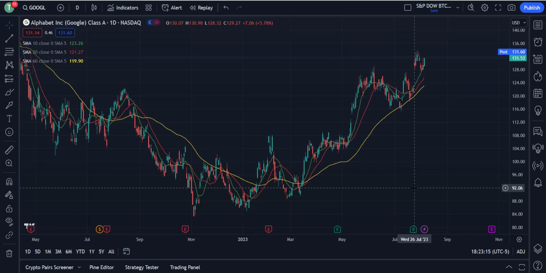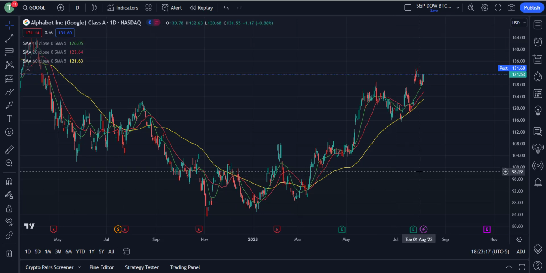That is the definition of a bullish market, higher highs and higher lows. So that's a good thing if you're long the stock. You can see back here it had a period of consolidation because the 20-day went above the 10. And this is all just great.